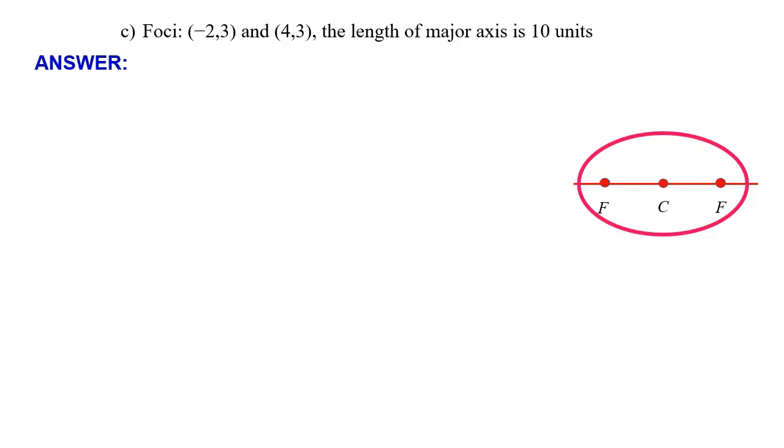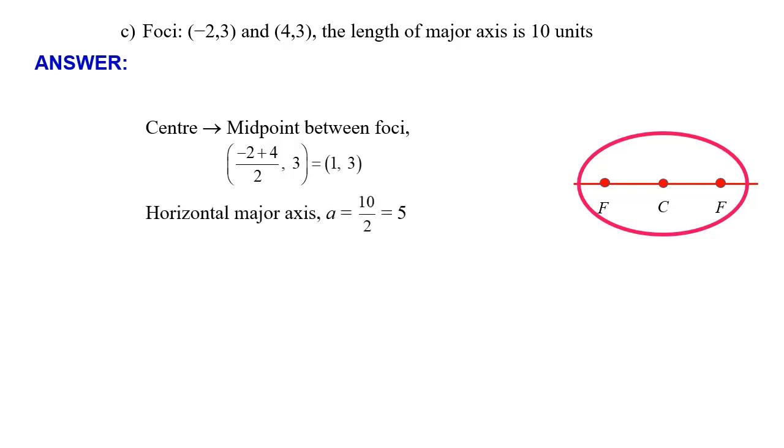Since we know the coordinates of the two foci, we can find the center, which is the midpoint between the foci: negative 2 plus 4 over 2, no change at y, so (1, 3) is the center. For the horizontal major axis, that is the value of a: the length of the major axis is 10, so 10 over 2 will be 5.